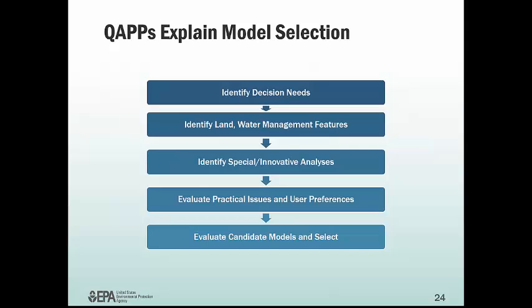And I know Tame talked in the first webinar about model selection, so I won't go through these individual line items here, but just know that the QAPP helps document the decision that was eventually made.